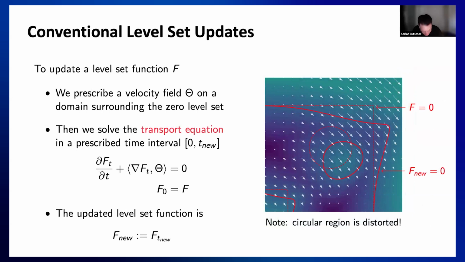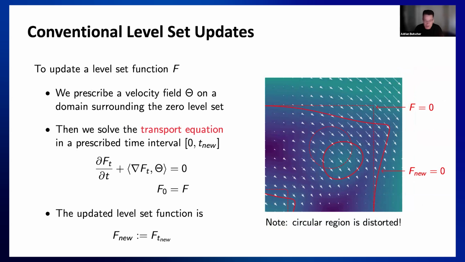Now that's simple, but let's turn to level set updating. How do we update a level set function and its interface values such that the new level set function satisfies those properties as well? To begin, let me remind you how conventional level set updates are done in level set topology optimization.